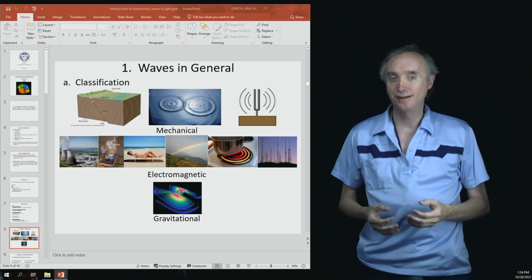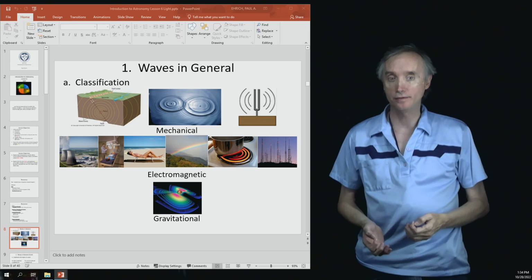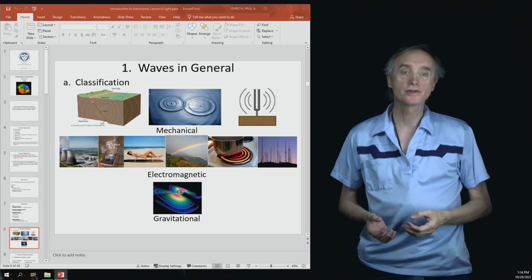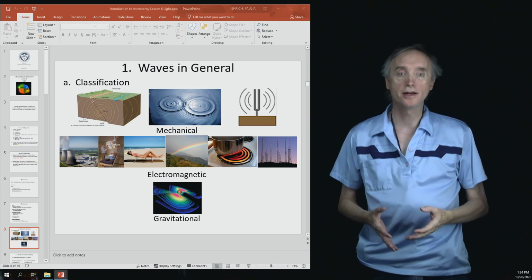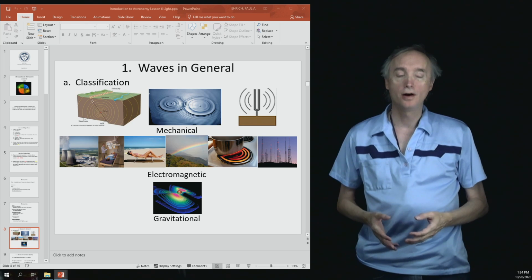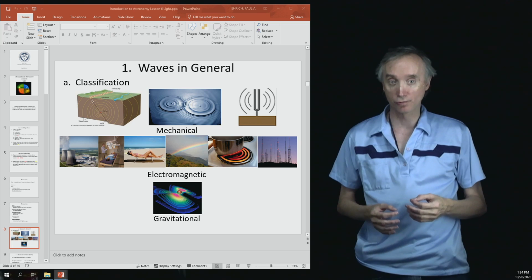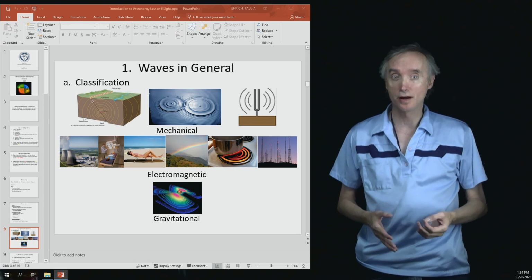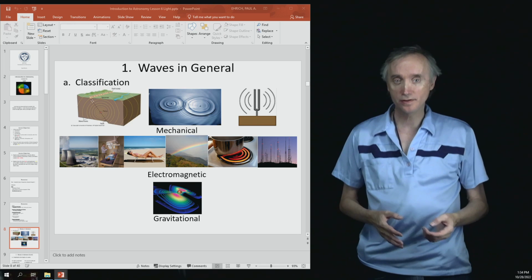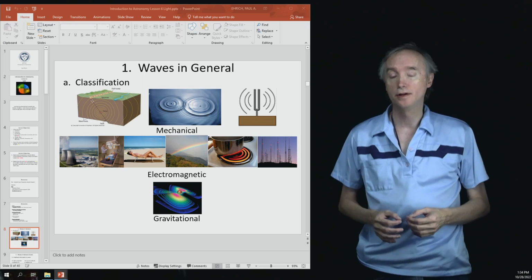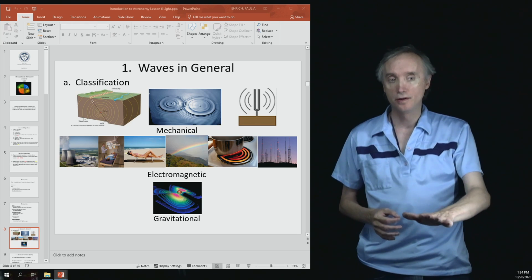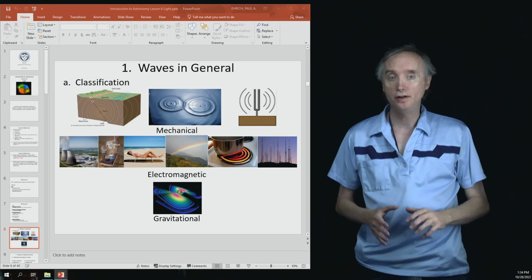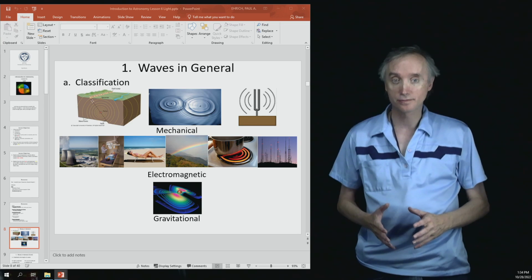Now let's look at electromagnetic waves. These are light waves, and there are many different kinds of light waves. Starting on the right-hand side, you've got radio waves, which are a type of light. Next to that is infrared, and when you feel heat being given off by an object, you're feeling infrared light.